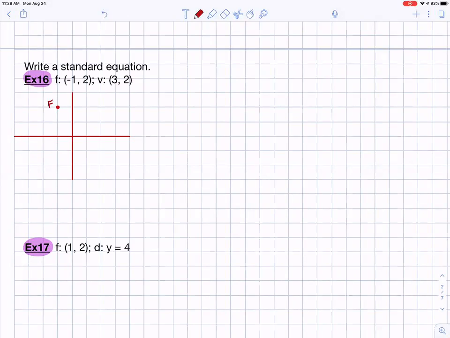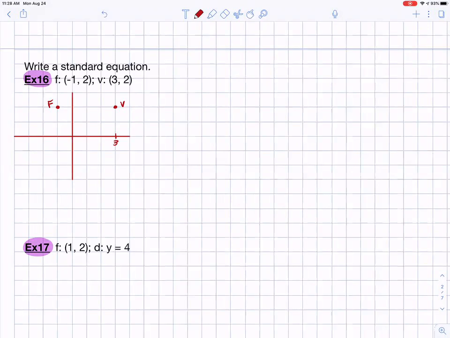I'll just put a little F by it so I remember that it's the focus. And then 3, 2, that's my vertex. That's the only thing I know so far. But that picture hands me a lot of information.